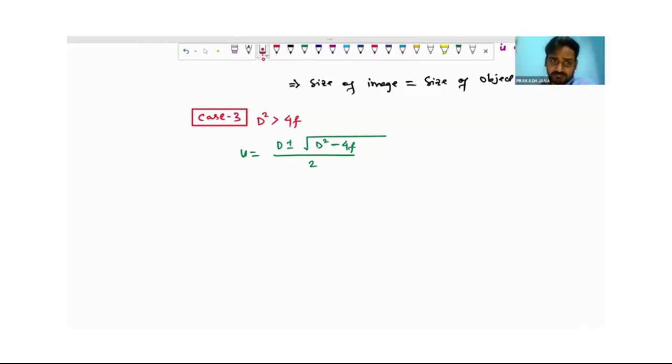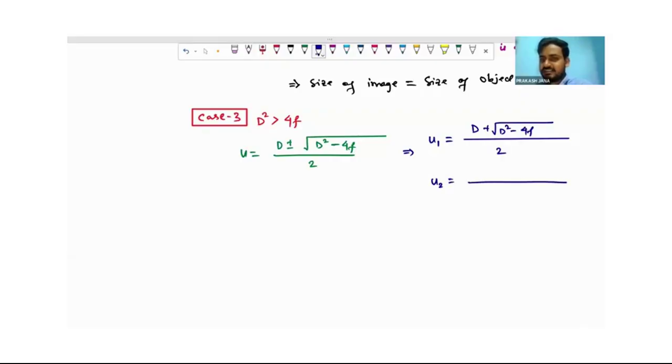So as here we have plus and minus, we will have 2 values from this, that is u1 is equal to d plus root d square minus 4f by 2, and another u2 is d minus root d square minus 4f by 2.